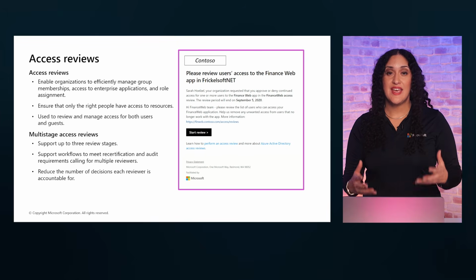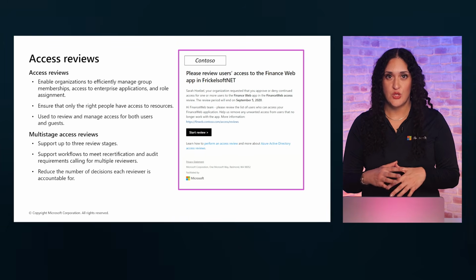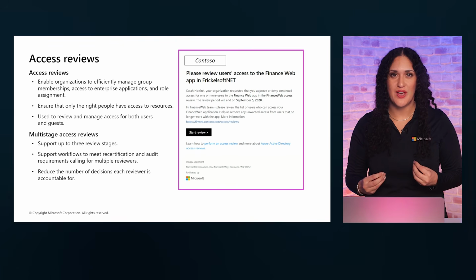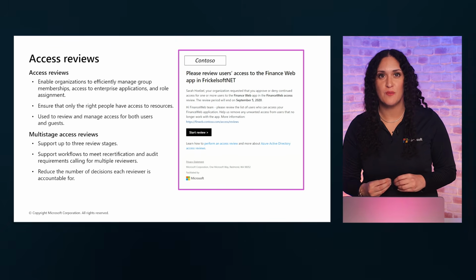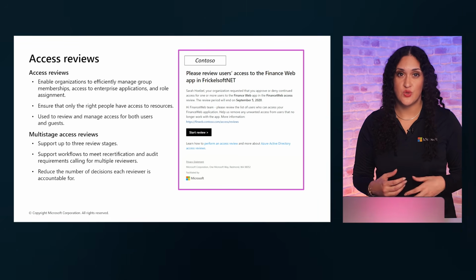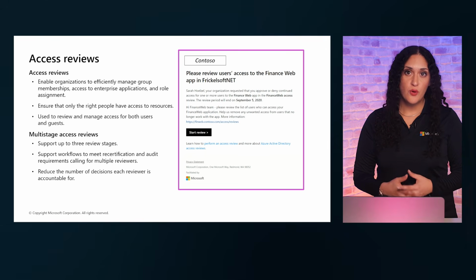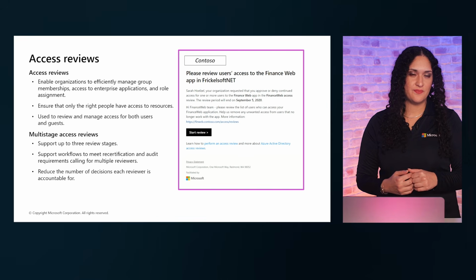This lifecycle is maintained by utilizing access reviews. Microsoft Entra introduces access reviews as a practical way to regularly check and confirm who should have access to what. Access reviews let organizations review group memberships, application access, and role assignments for both internal users and guests.